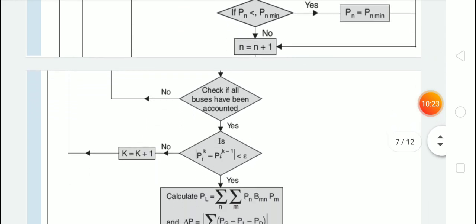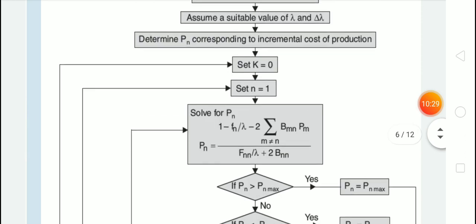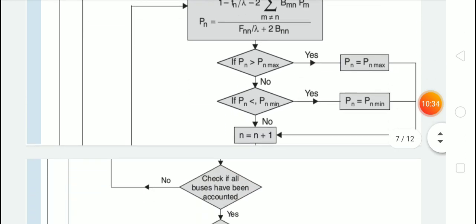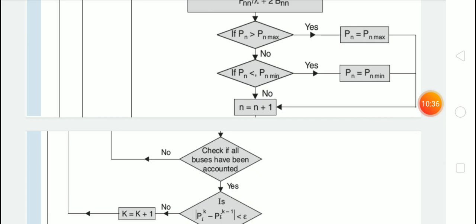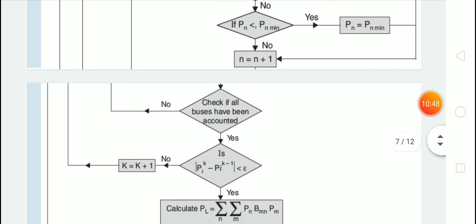If all the buses are accounted, then calculate the change in power at each iteration. Here k is set as 0. Then for k equal to 1 also we can check the value and find the change in power in each iteration, Pn(k) minus Pn(k minus 1). If it is less than some small value sigma, then we can go to the next step.